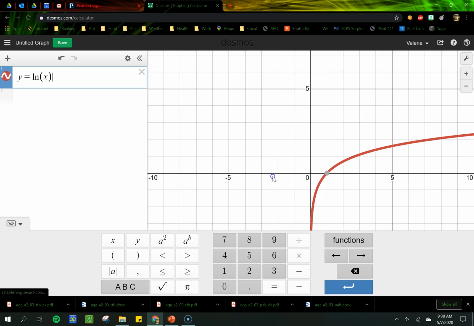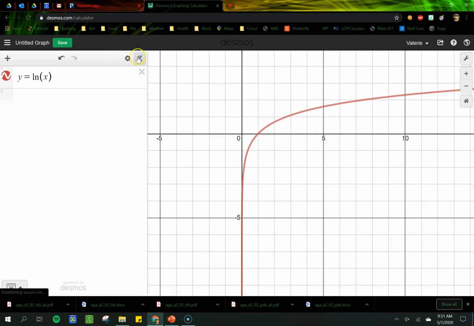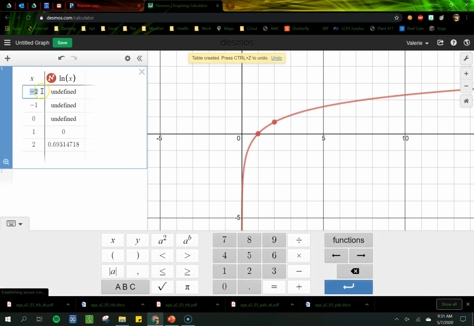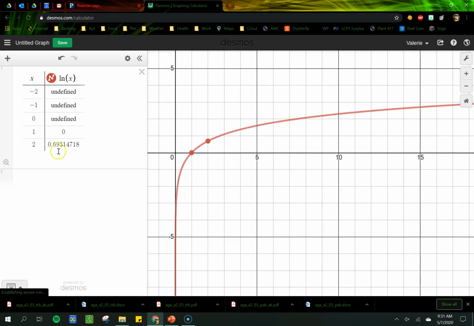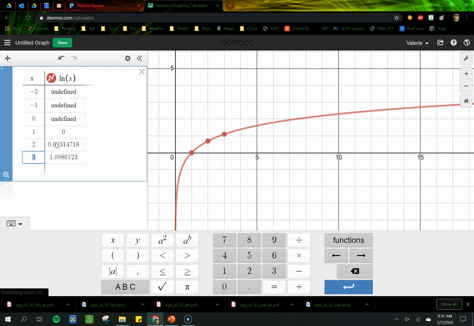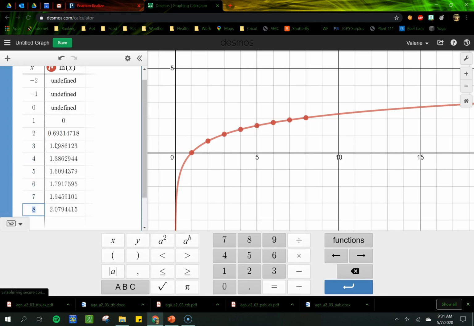You type in your function and we get our graph. I can use the wheel to edit the function to convert to a table. Notice that again we have things undefined and it looks like we have a vertical asymptote, and then we start getting some ordered pairs that we'll be able to graph.